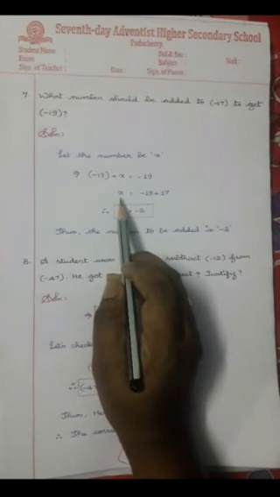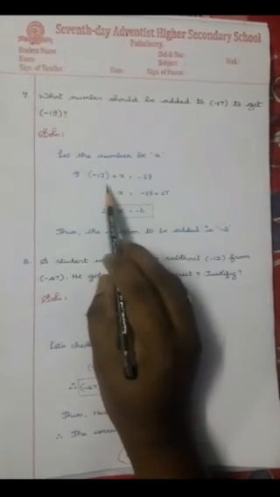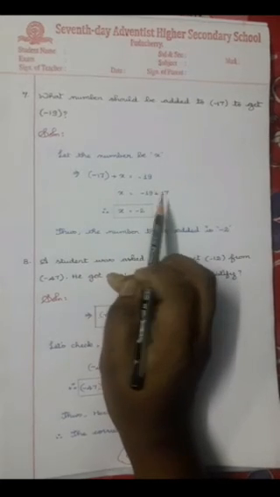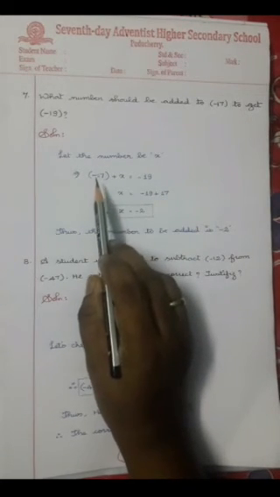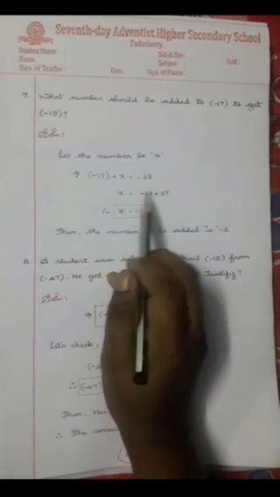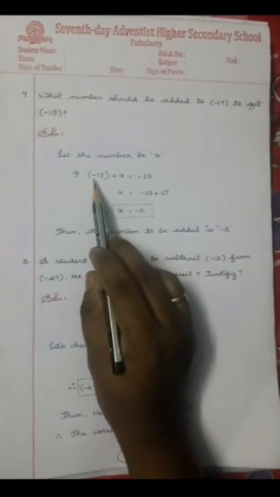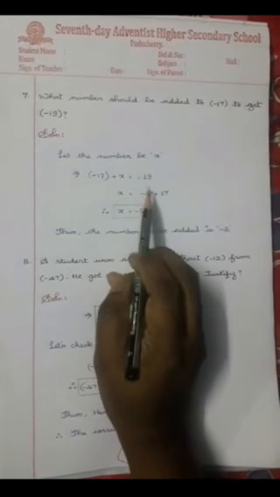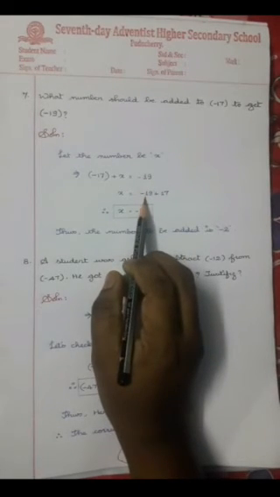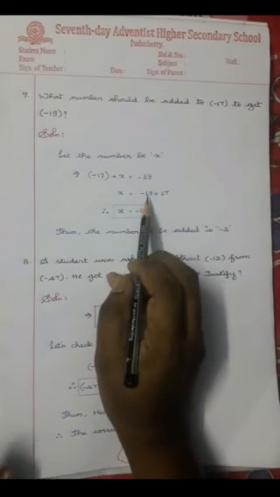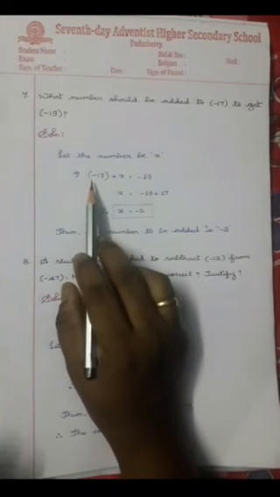Take this minus 17 to the other side. When you take a number from the left hand side to the right hand side of the equal sign, the sign of the number changes. Already minus 19 is on the right hand side, but this minus 17 comes from the left hand side to the right.